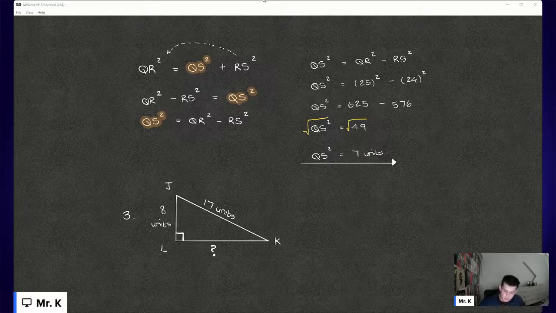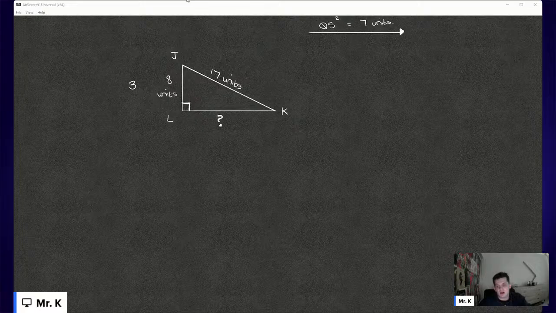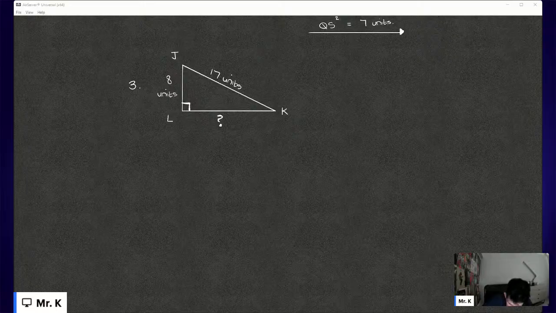So once again, we need to start this question off by applying the concept of Pythagoras to this specific example. Okay, so we want to use the naming conventions from this specific triangle. So we know that the longest side in this case, JK, the hypotenuse, right?